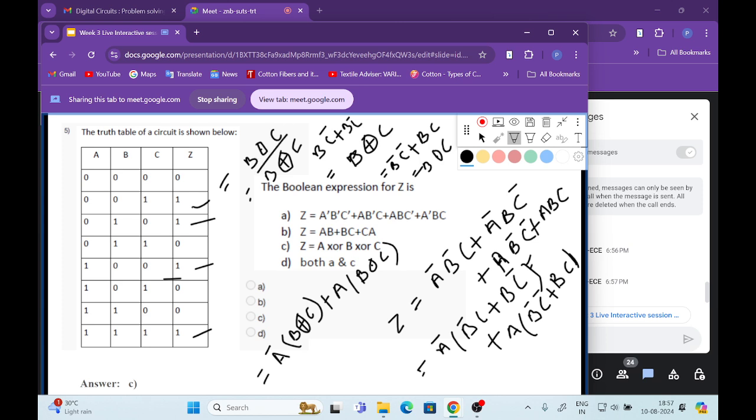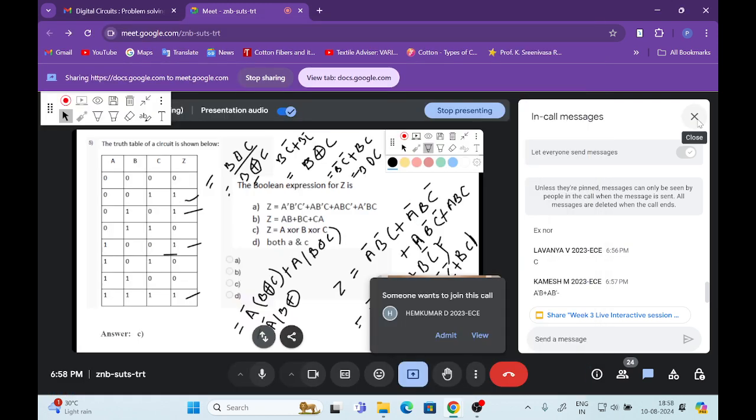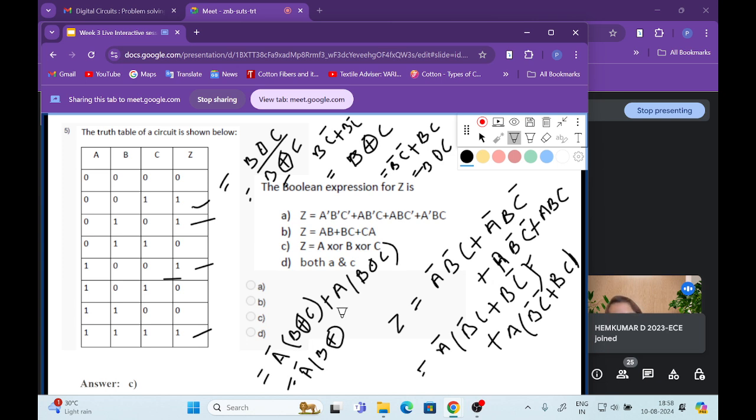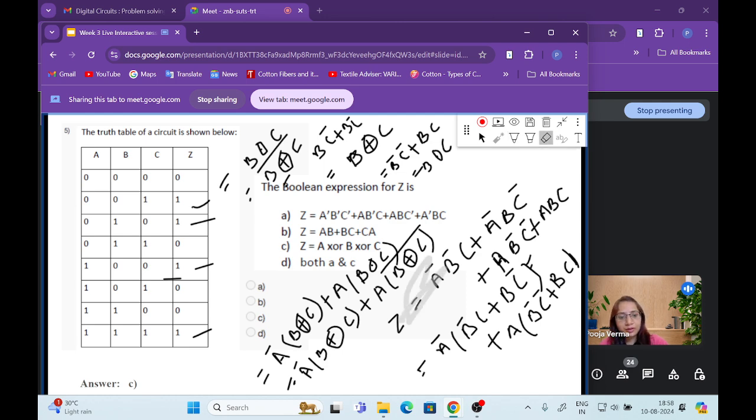We can write it in place of B XNOR C. So if you write it in place of this, you will get A, so it is not a bar, A B XOR C bar, right? Now I'm removing from here so that we can write it.